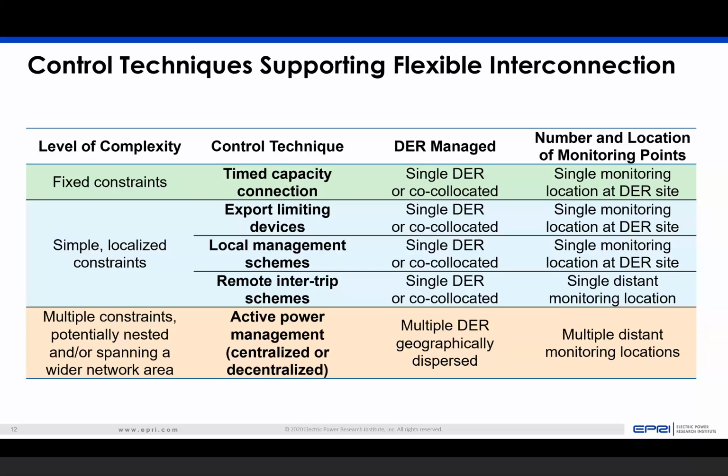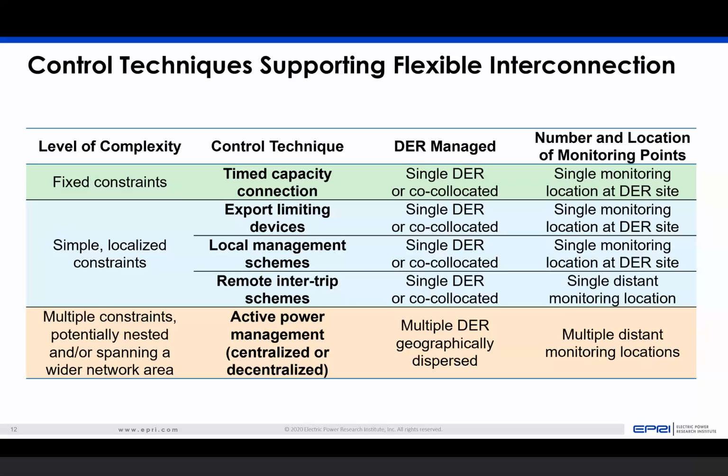Second, if we're really looking at simple localized constraints, for example, a specific line that is close to its thermal limit, there may be several other control techniques that can be used, including export limiting devices, if the primary use of the DER is to serve, say, local load, local management schemes if constraints are close by the DER, or even remote intertrip schemes if there's a distant constraint to be monitored, such as reverse power flow at the substation.